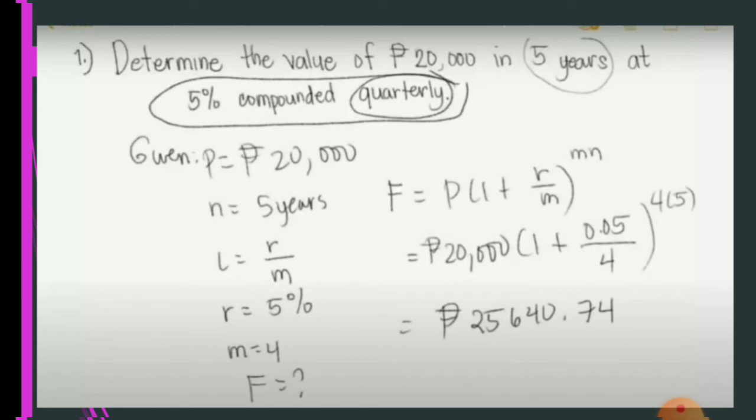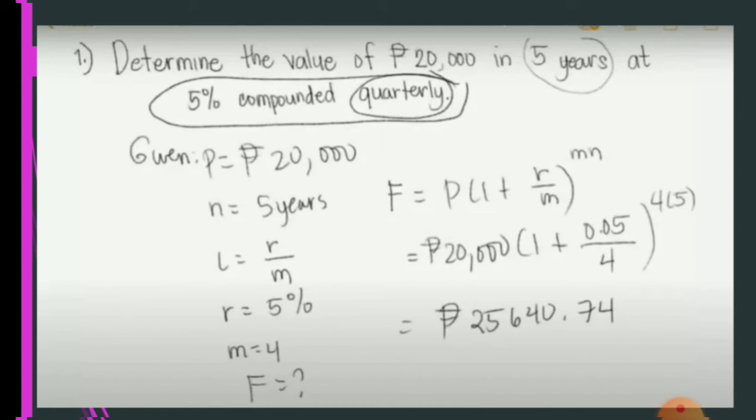Ang small letter i natin is R divide by M. So, ang R natin is yung 5% compounded na i-convert natin at magiging 0.05. So, ang M natin is 4.